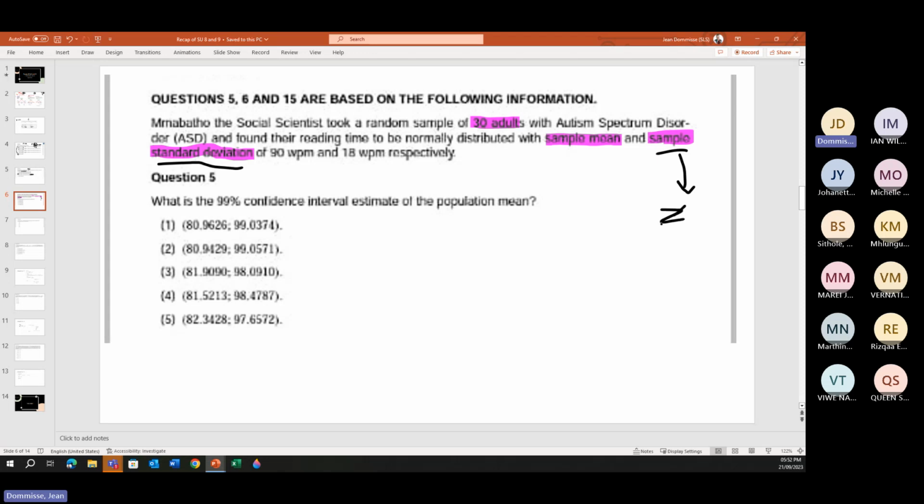we don't work with a Z, we work with a T value. If we're working with a T value, we need to get the degrees of freedom. And remember, we then work with alpha divided by 2. So that is the table that we will need to go look for, the T table, degrees of freedom, and alpha divided by 2. So degrees of freedom, we calculate it as n minus 1.